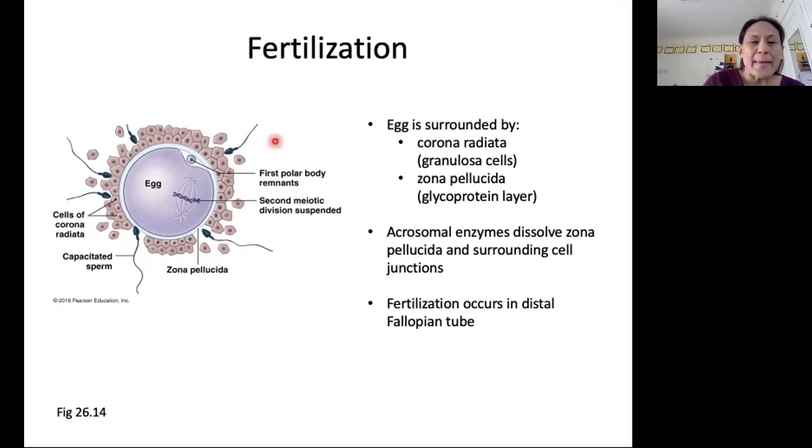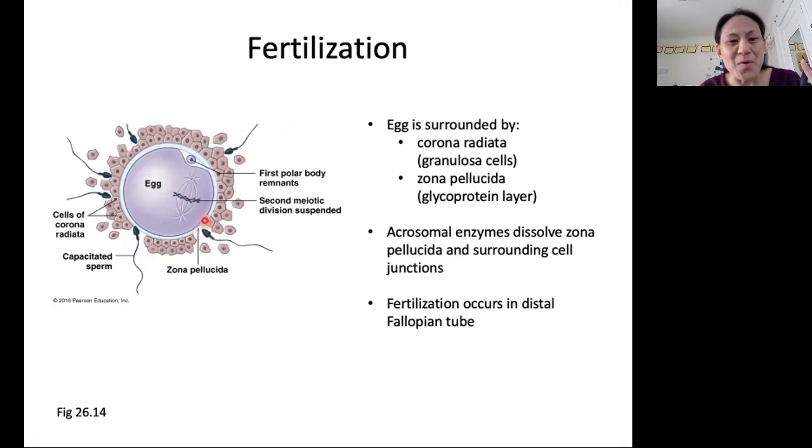When the sperm come in, they release the enzymes from their acrosome. Remember the acrosome, it was that lysosome-like structure that had enzymes in it. Those enzymes are going to be released in order to dissolve away the zona pellucida and the surrounding cell junctions.